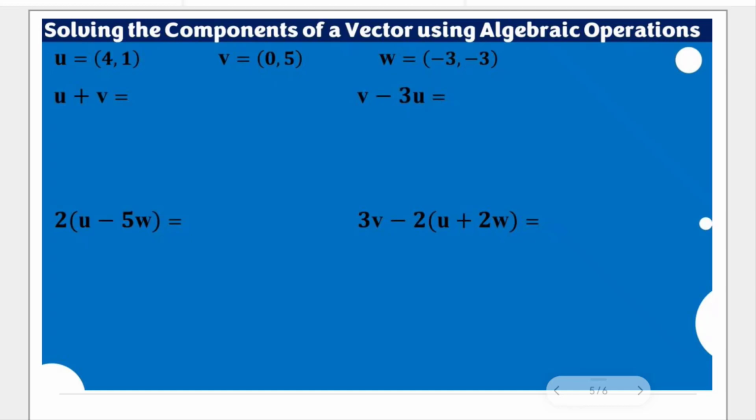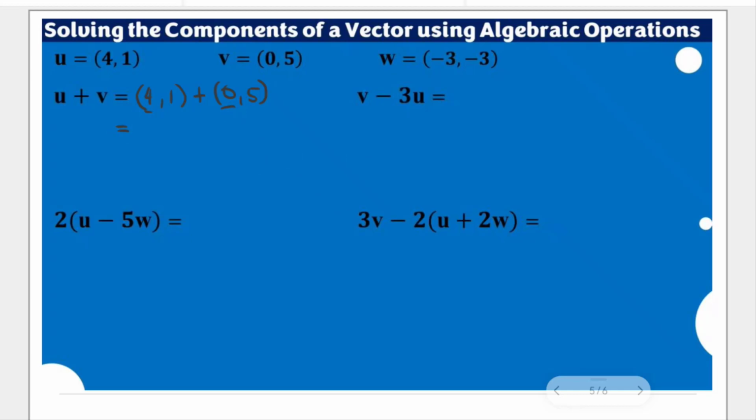When you have u plus v, you're simply going to start by expressing them in their respective components. You will have u, which is 4 and 1, plus v, which is 0 and 5. To solve for the addition of the vectors, we simply add the corresponding entries.